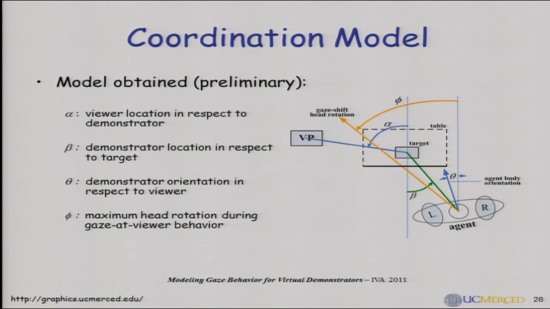Here are the main parameters that we extracted from this model. And these are basically encoding the relative positions of the main elements there, the demonstrator position, the viewer position, the target position.